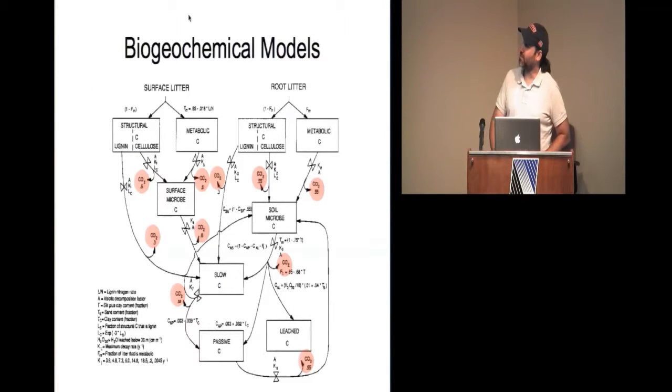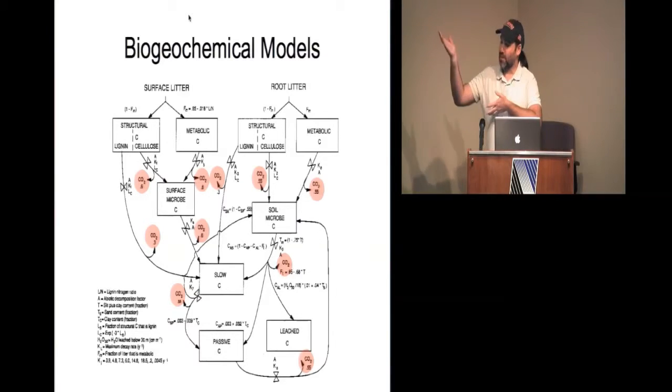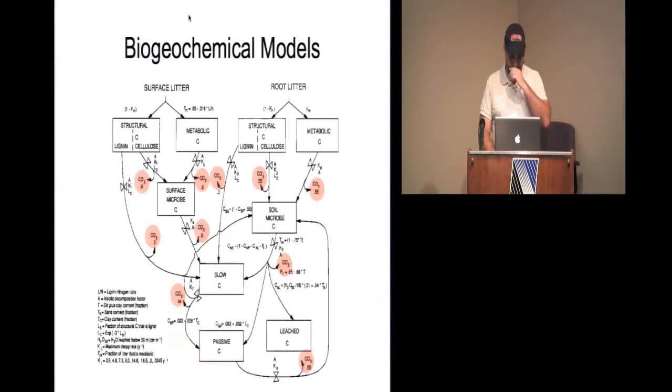Just briefly, since you aren't all ecologists, these include models that describe the pools and fluxes of carbon and other nutrients within the soil. This is just a quick schematic diagram of one classic model called Century that's been around for decades, describing how organic matter is processed in soils.